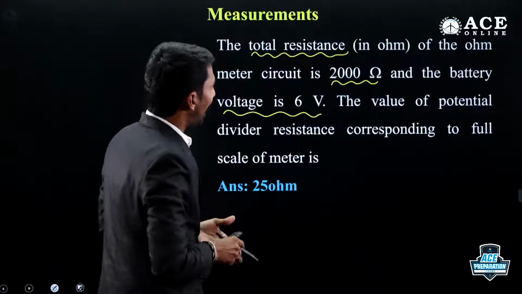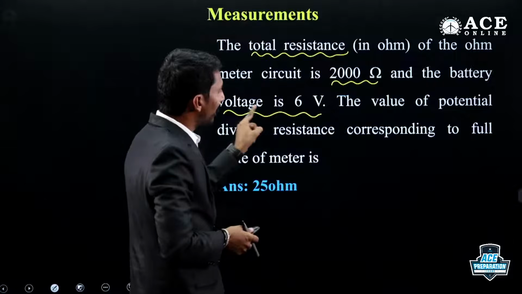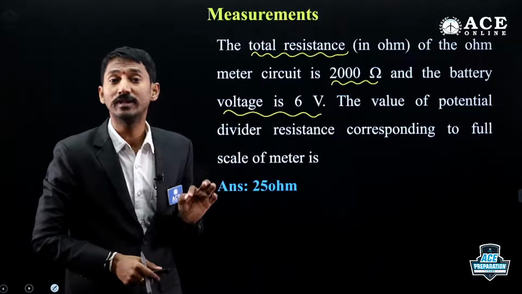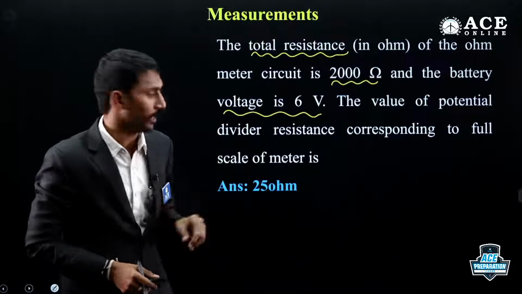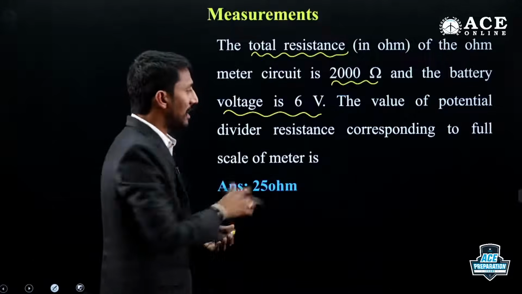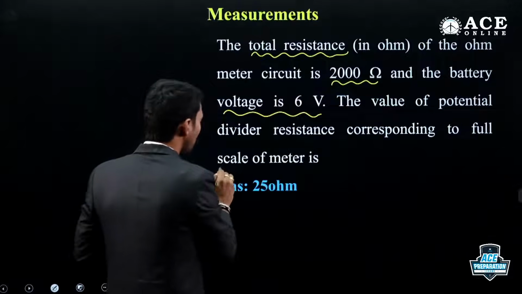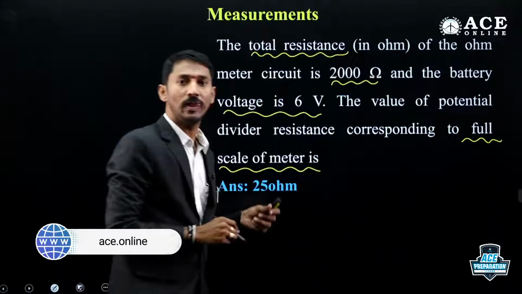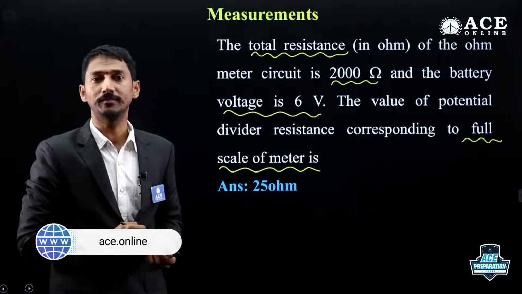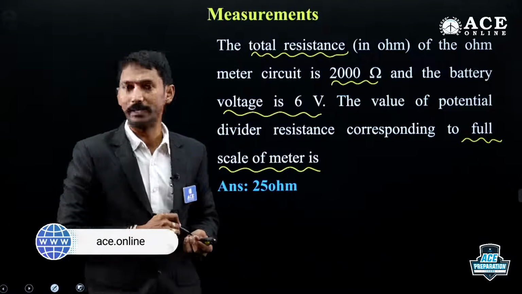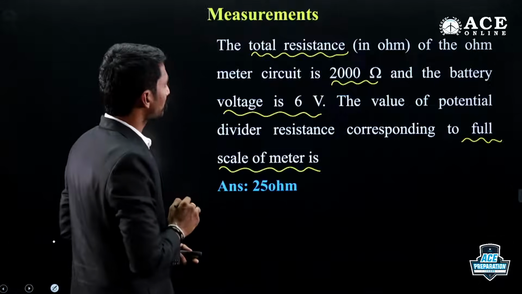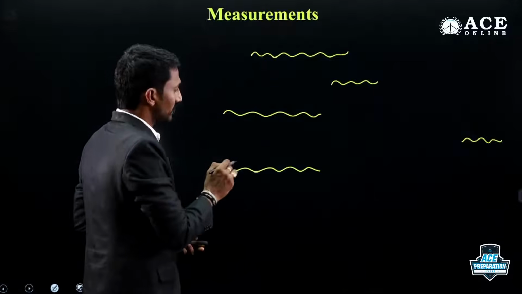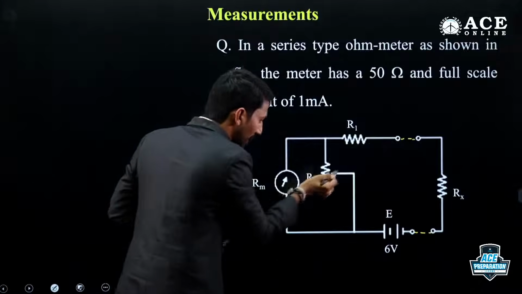The value of potential divider resistance, he is asking. But at which condition? Corresponding to full scale of the meter. That's what he is asking, so be clear. This is the circuit given.